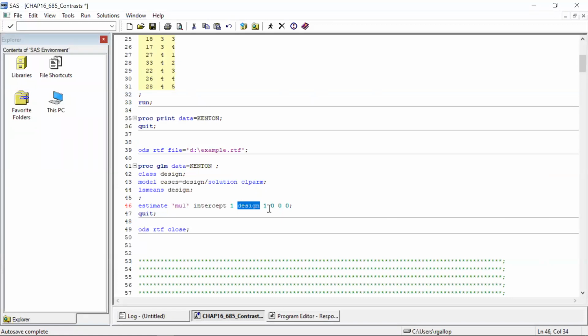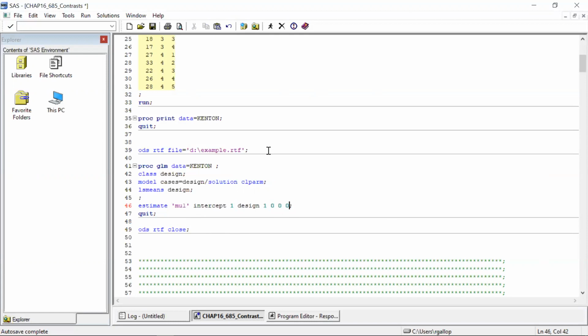For an estimate statement to be legitimate, meaning estimable, the coefficients to the right of each variable have got to sum to the same value. This sums to 1. This sums to 1.